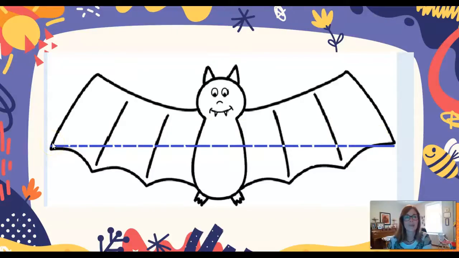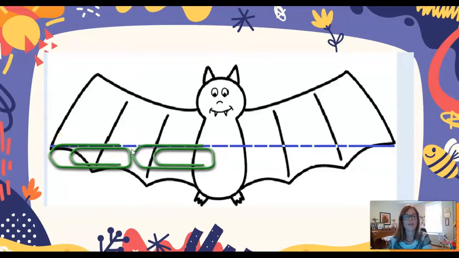Let's use the paperclip. 1 paperclip, and notice that I'm lining it up with the very beginning of his wing. 2 paperclips or 2 units. And again, notice that I am putting the paperclips end to end. I am touching them without making them overlap or have a big space between them.